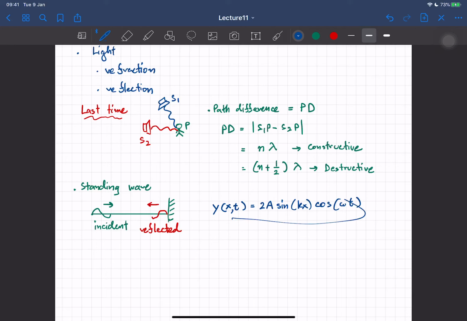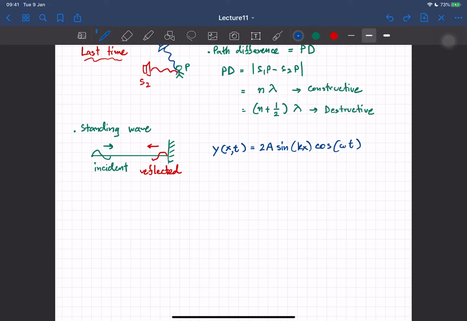This expression in general works for any two waves which come together, right? But in reality, you're gonna have to impose the physical constraint of your system. And what we did in the last lecture is that our constraint is imposed in the form of n fixing. So what we mean is that we're gonna fix the n.